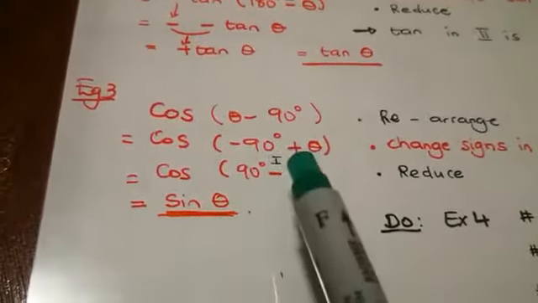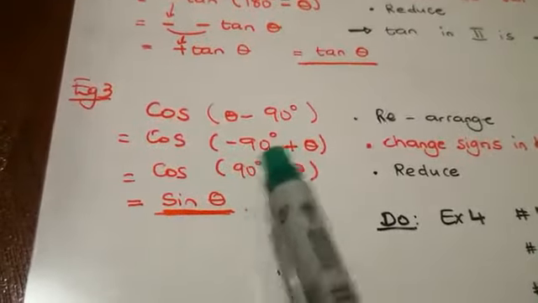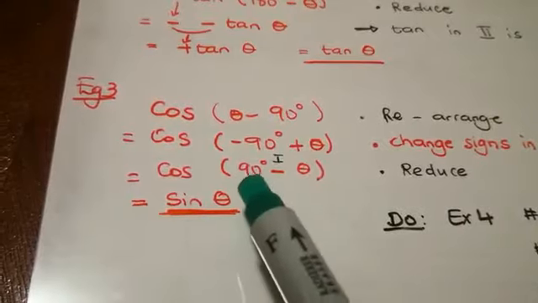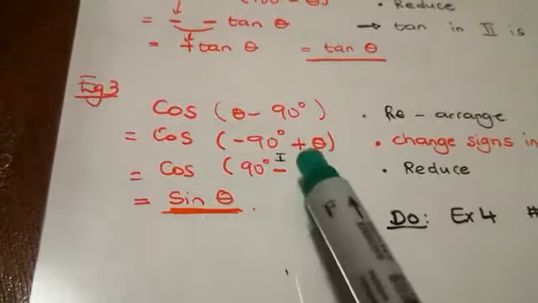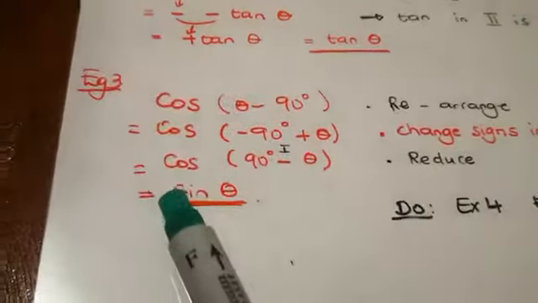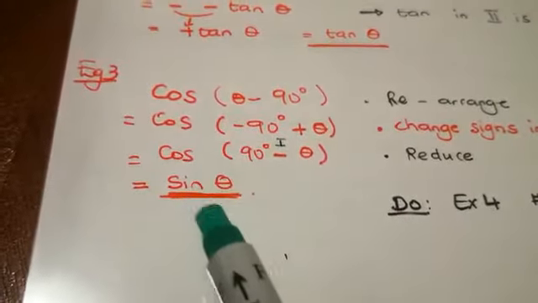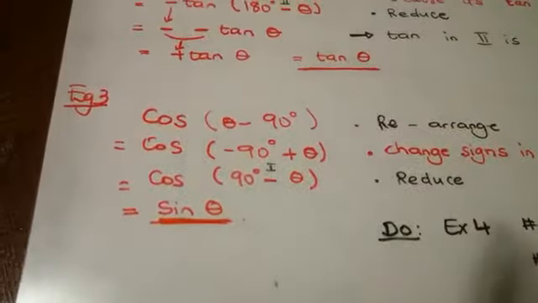So please don't forget that. For cos, you don't factor anything out, you just change the signs inside the bracket. Okay, so then when it is like this, 90 minus theta is in the first quadrant. In the first quadrant, cos is positive, so that's why there's nothing here. And then cos changes to sine, and the bracket becomes theta. I hope that is clear.